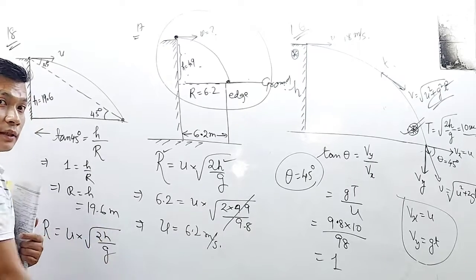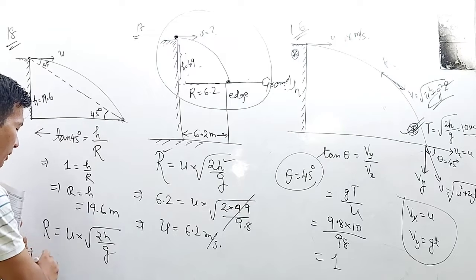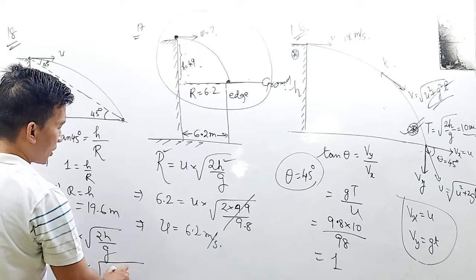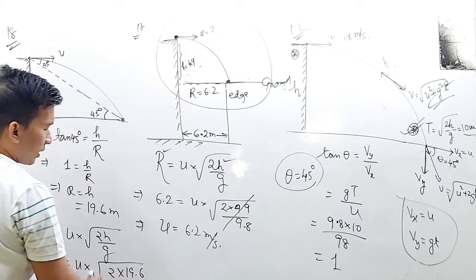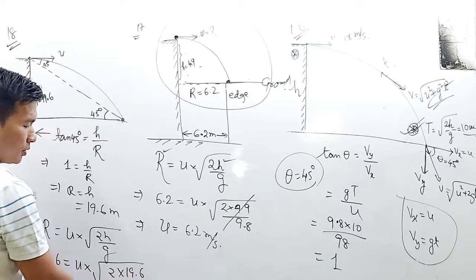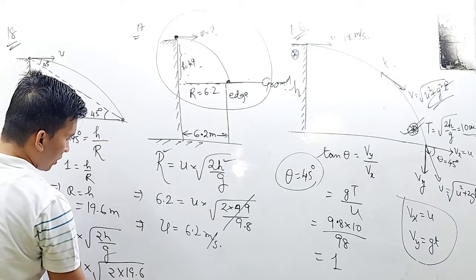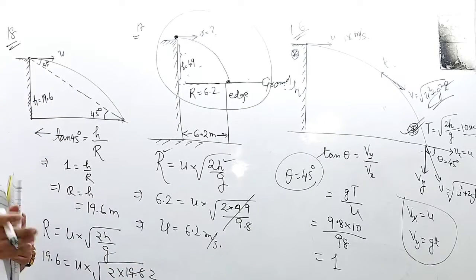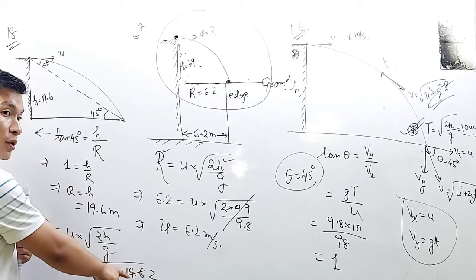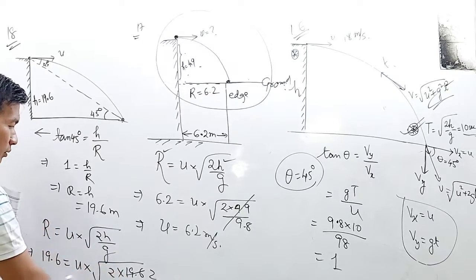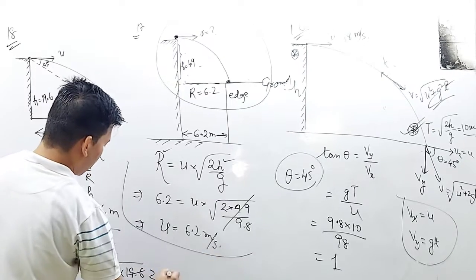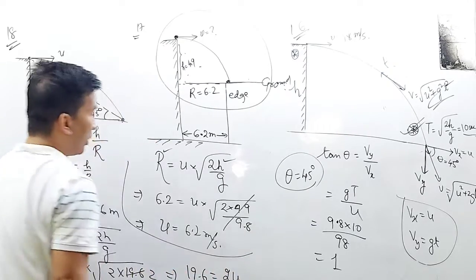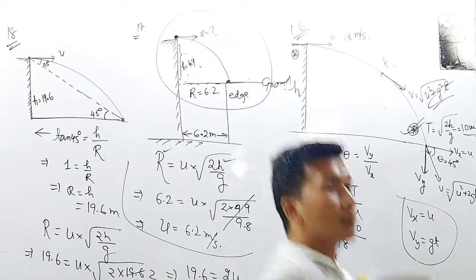Our range is 19.6, so u equals root over 2 into 19.6 divided by g, where g is 9.8. So the answer will be 9.8.